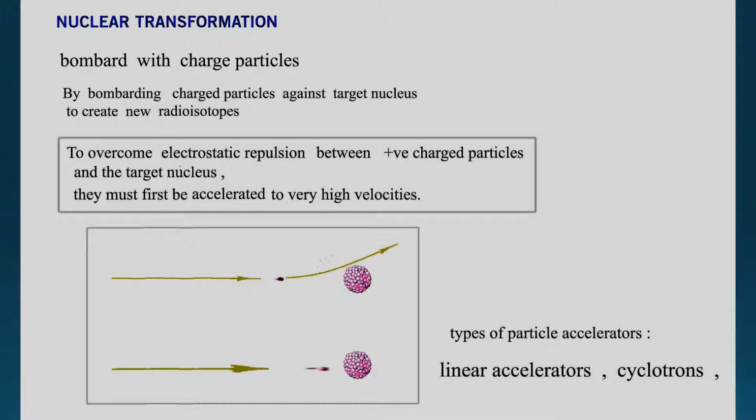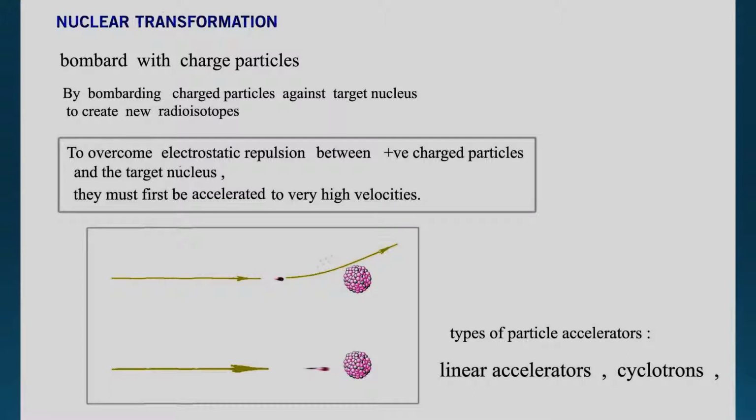So you have to overcome this electrostatic repulsion between the positively charged particle and the nucleus. How are you going to achieve this? First, you have to shoot it at a very, very high speed so that the particle combines into the nucleus. So it must be accelerated to a very high velocity.